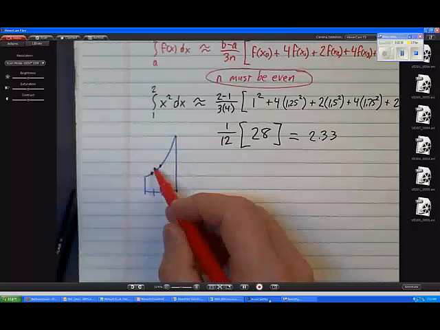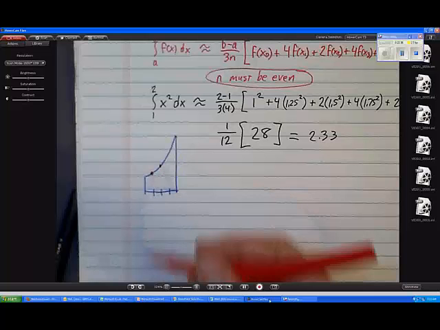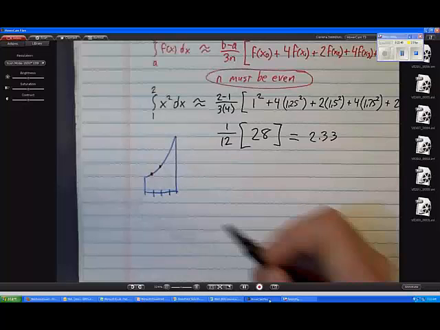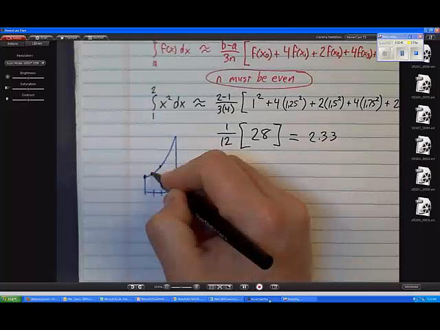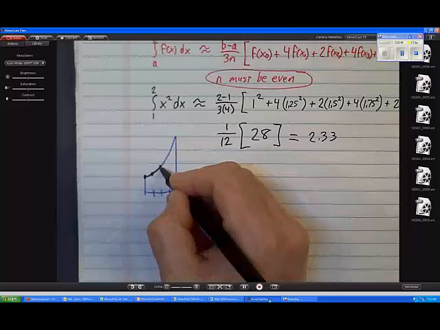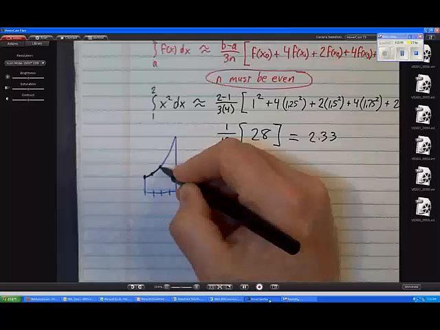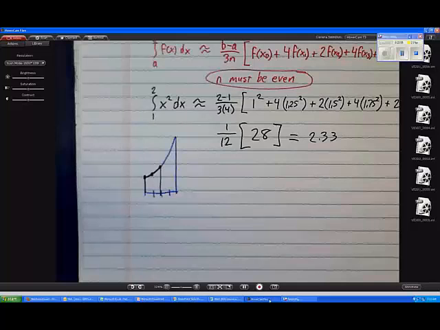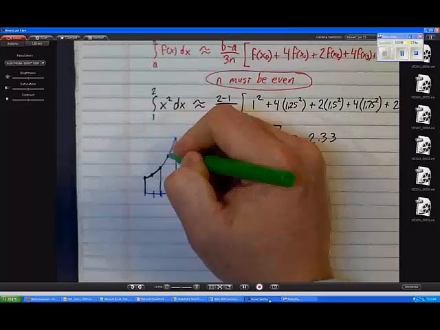The idea behind Simpson's rule is this. You take 3 points in a row and you fit a parabola like that. Then you take another 3 points in a row and you fit a parabola.